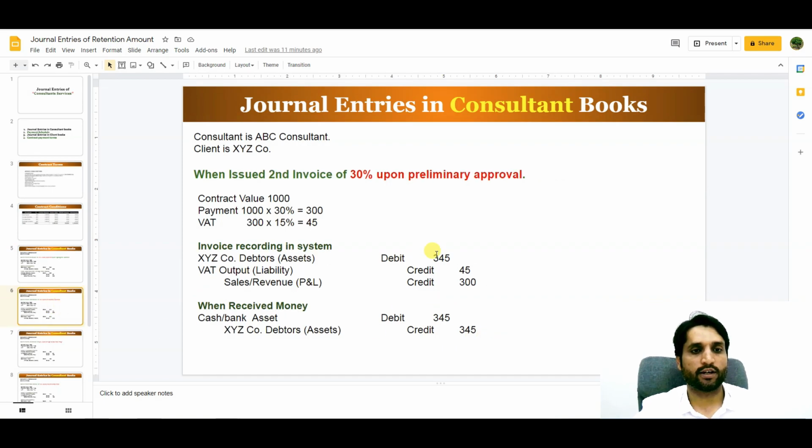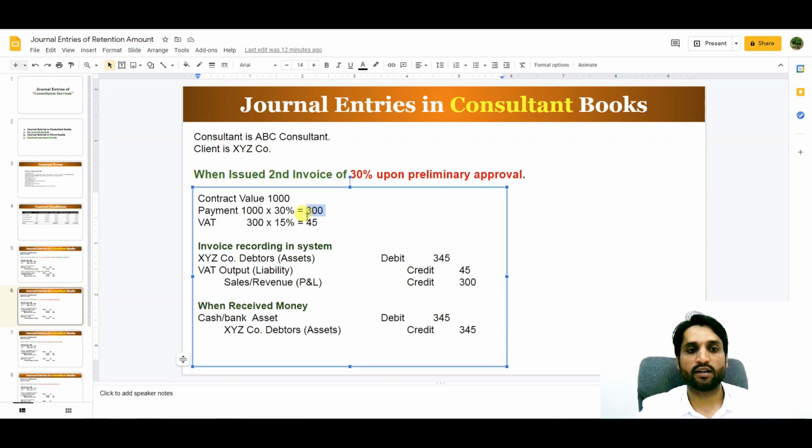Let's move further. Here, when the second invoice is issued upon completion of 30% work as a preliminary approval, the payment value, the 30%, will be 300 and value added tax will be 45. We have completed this work so we need to record a sale. When the invoice is issued to the client and recorded in the system, XYZ company debtor account will be debit. We need from him 345.